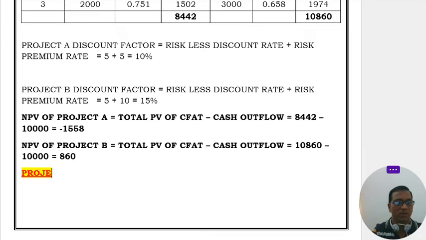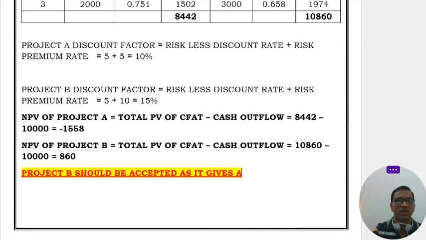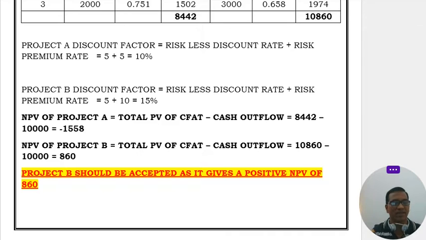Decision: project B should be accepted as it gives a positive NPV of 860. Since project B is giving a positive NPV of 860 compared to project A, project B should be accepted.